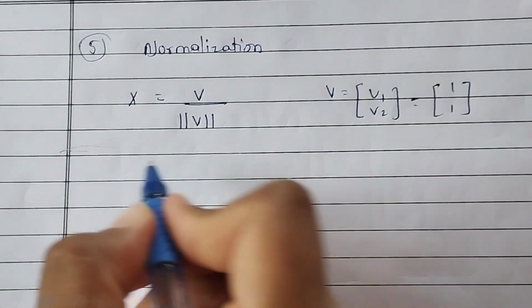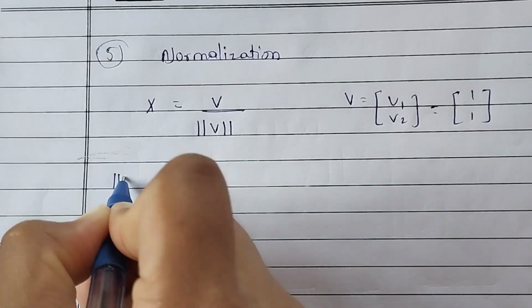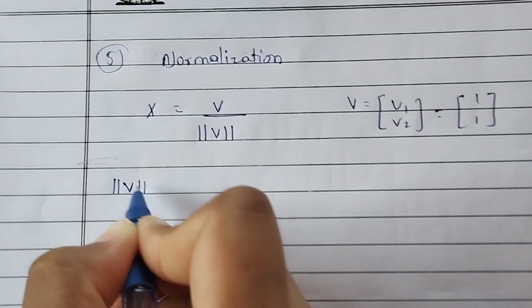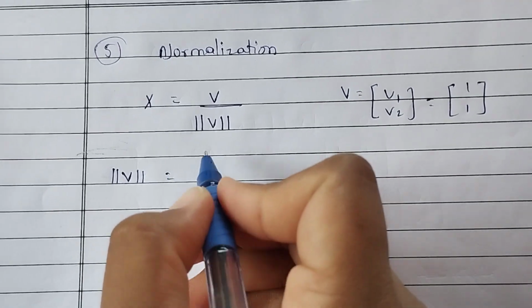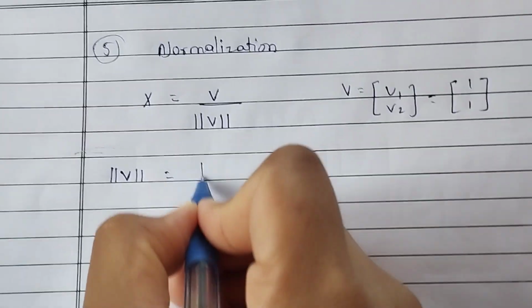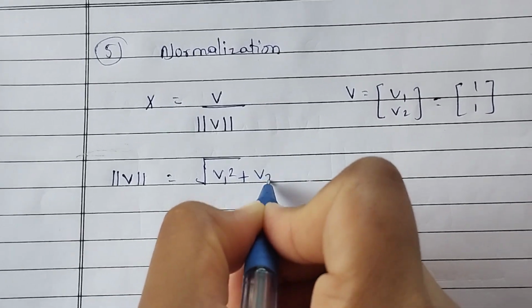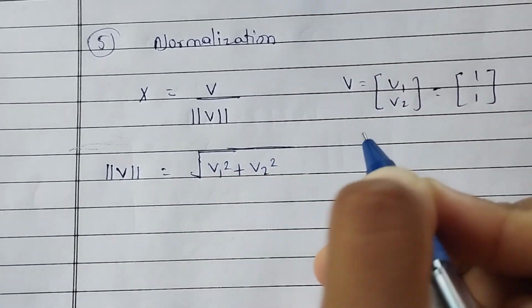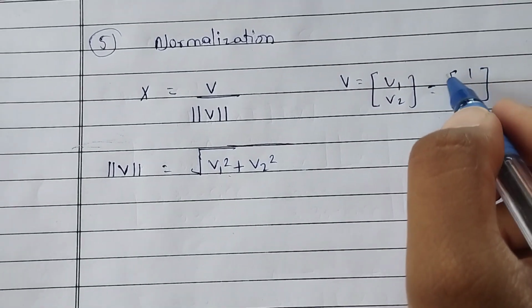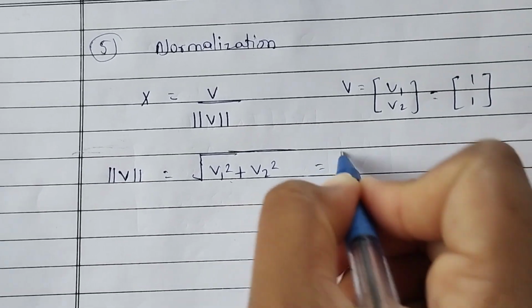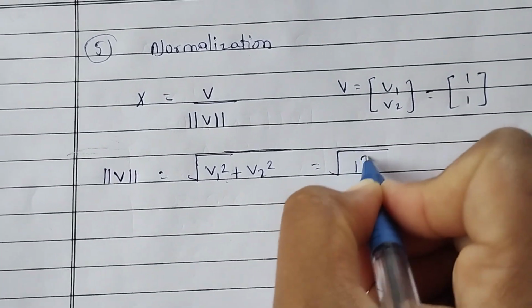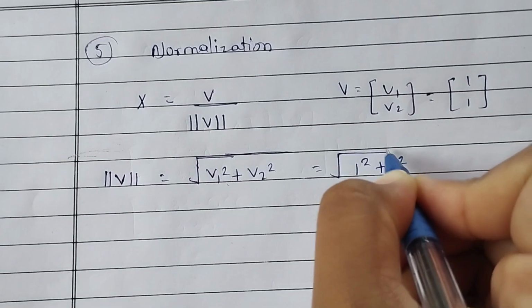Now the formula to find the absolute value of v is under root v1 square plus v2 square. So the value of v1 is 1. So 1 square plus 1 square.